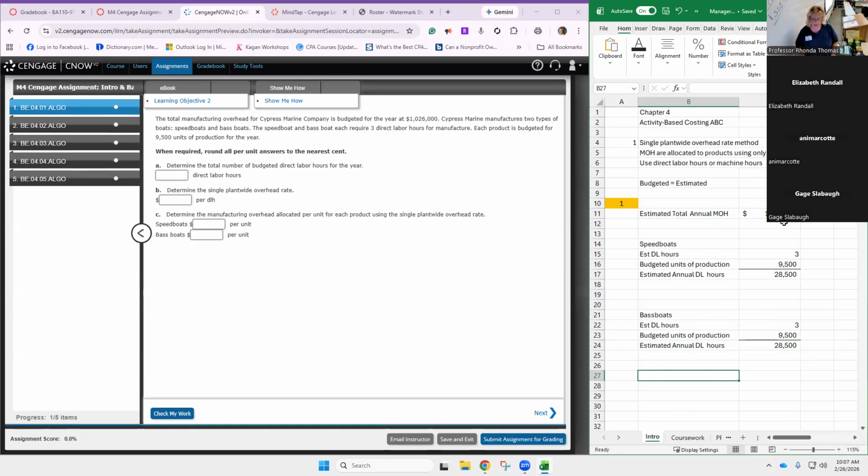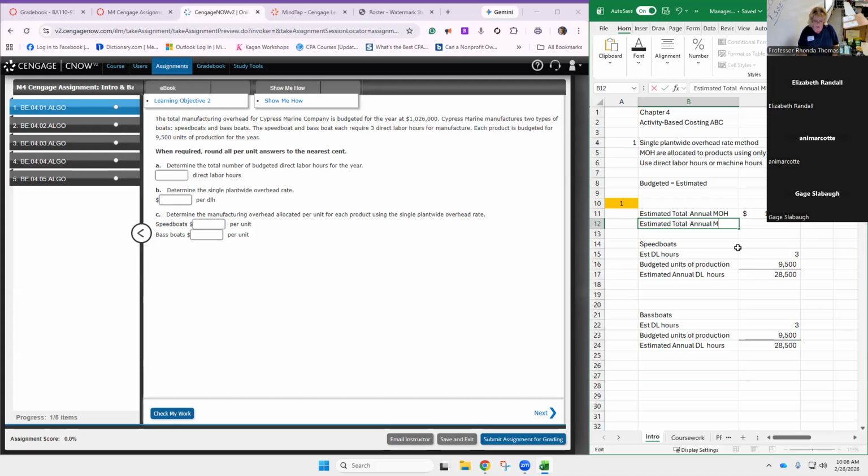So we had to do a little work before we came up with the rate here. Here's where I'm going to put this estimated, because I like to keep estimates with each other. One more time, this is total annual direct labor hours, total annual DL.